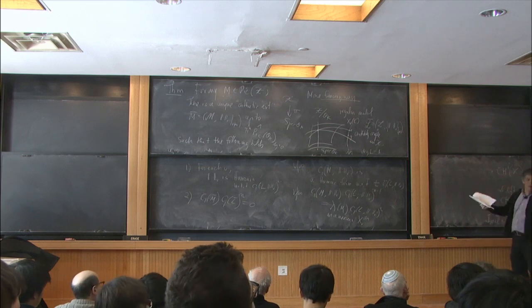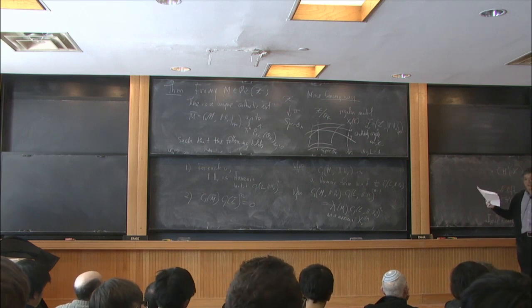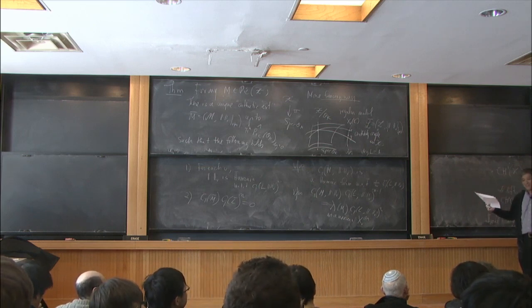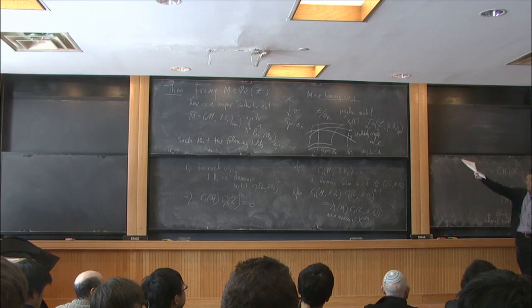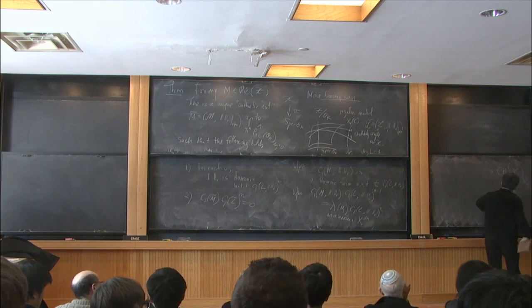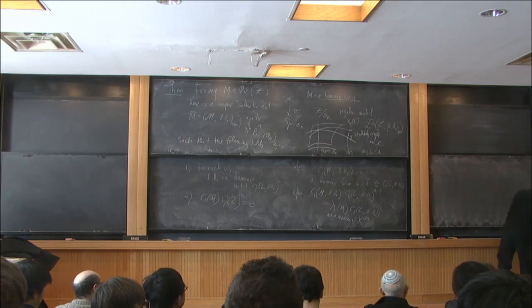Well, this is pretty much the only thing I know, because I really don't know how to do harmonic analysis for other currents. For one-forms, I know how to do it. For other forms, I don't know how to do it. So maybe Hodge theory can give me some idea how to do this.